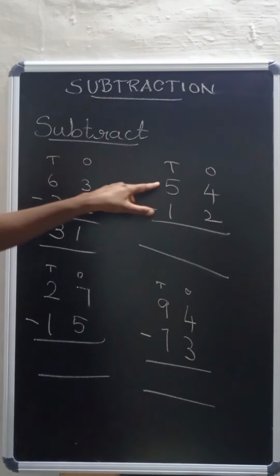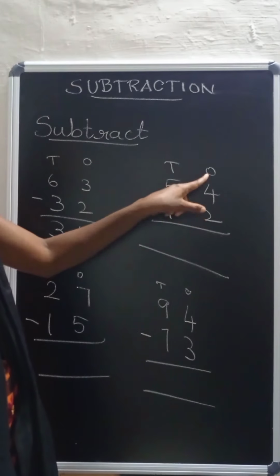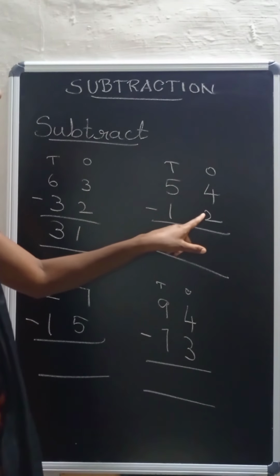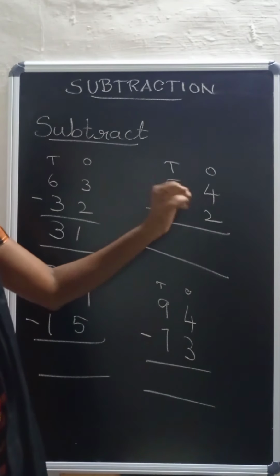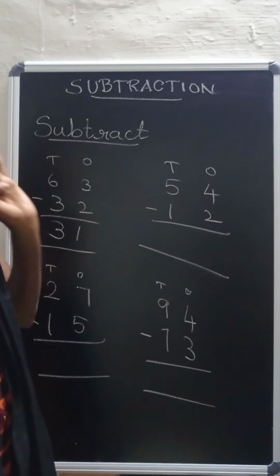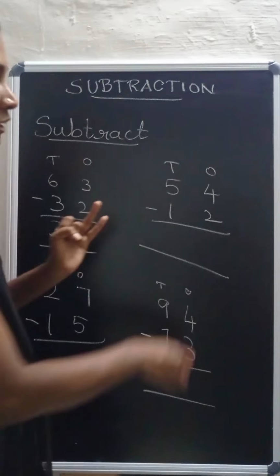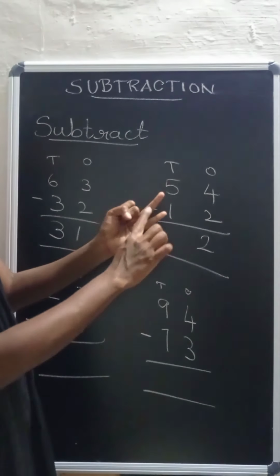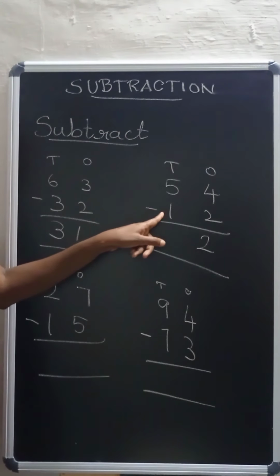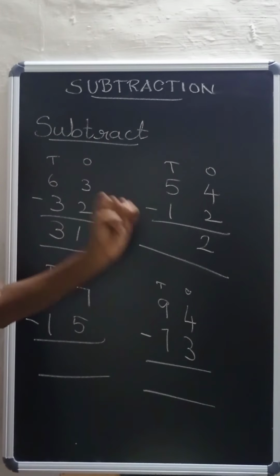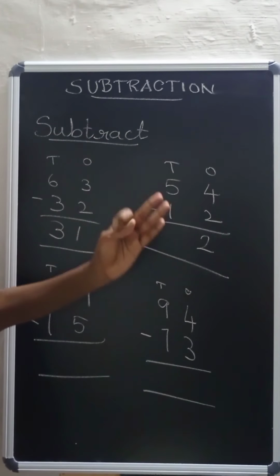Next, 54 minus 12. Now, in the ones place, 4 minus 2. Now, after 2, till 4 you need to count. After 2, 3, 4. So, you got 2 as your answer. 2 fingers. Now, 5 minus 1. After 1, 2, 3, 4, 5.